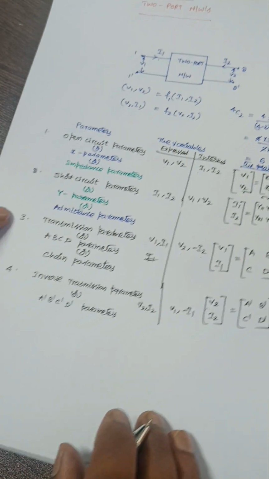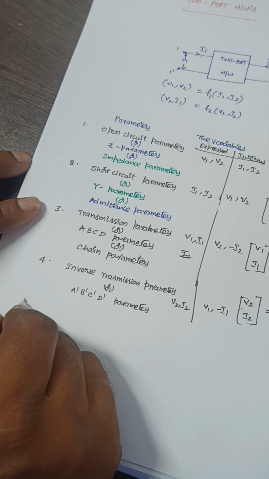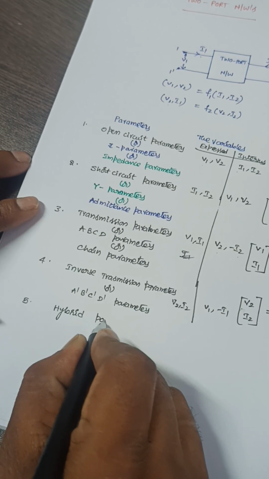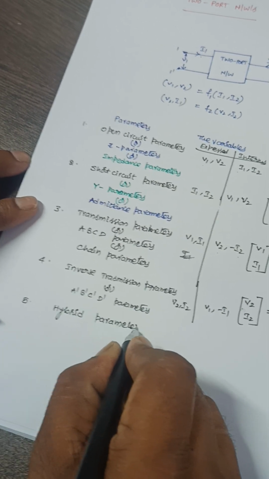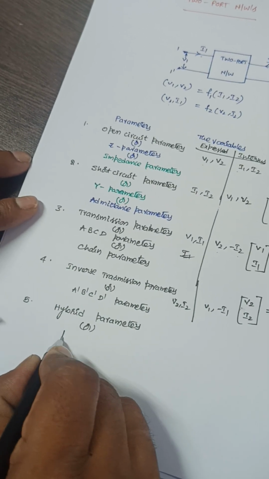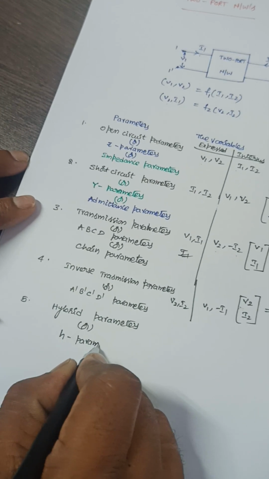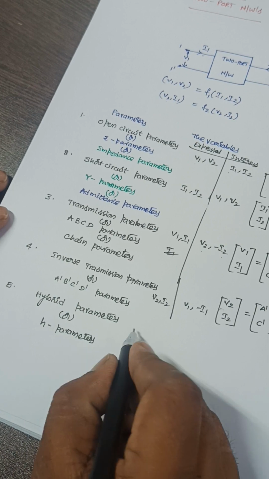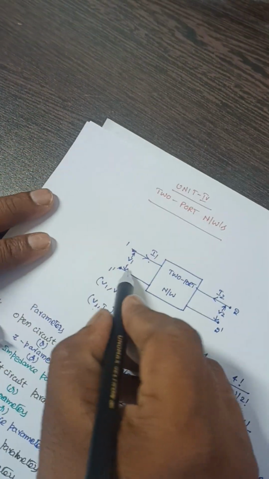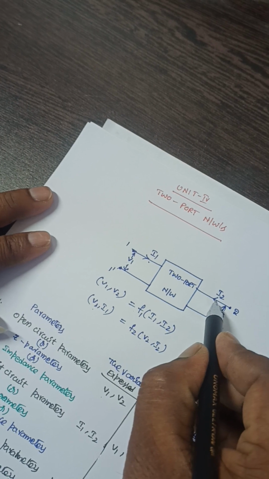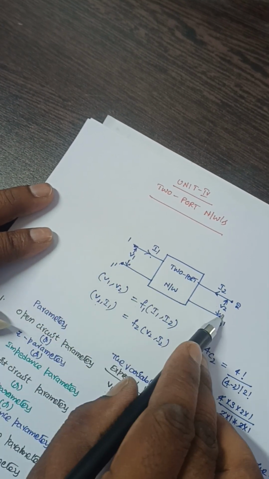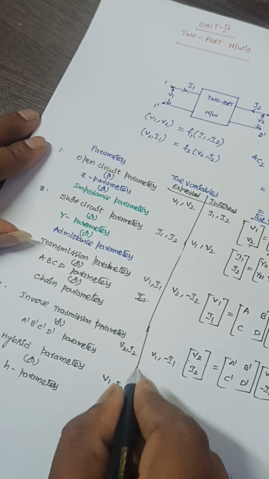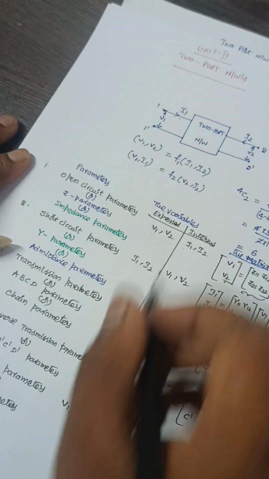The next parameters are hybrid parameters, or H parameters. In these, V1 and I2 can be expressed in terms of I1 and V2.